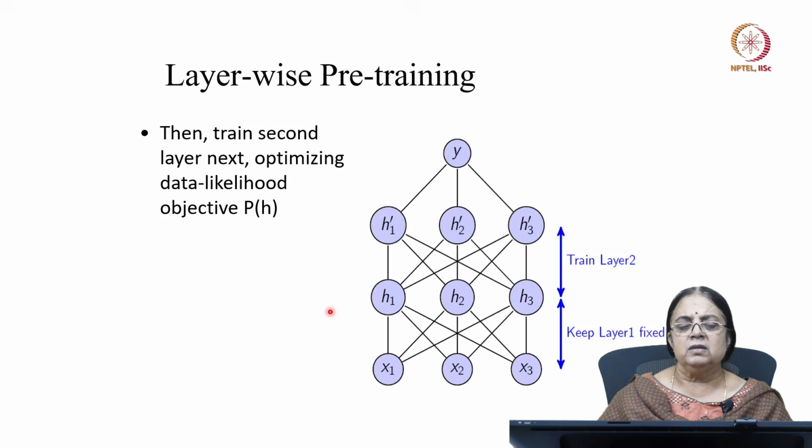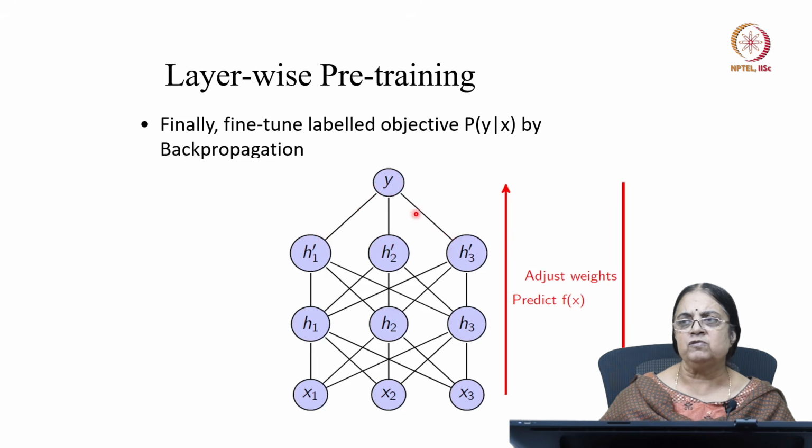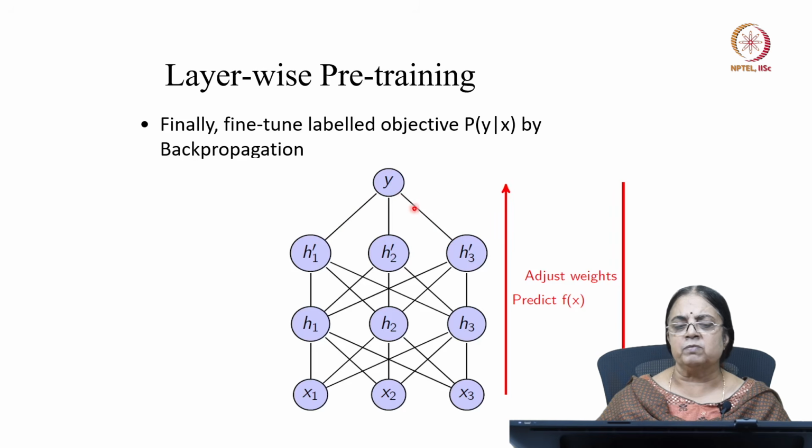Then you are going to train layer 2, etc. Finally, fine tune the labeled objective p of y given x. So what you want is p of y given x by back propagation. So only this layer is done by the usual back propagation algorithm, just like you do in your neural network basically.